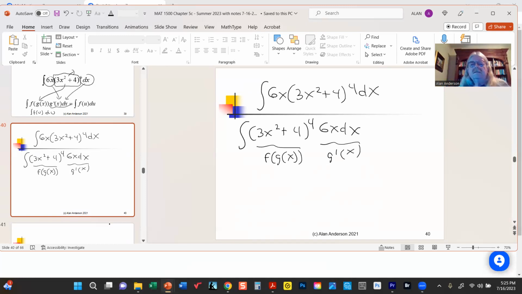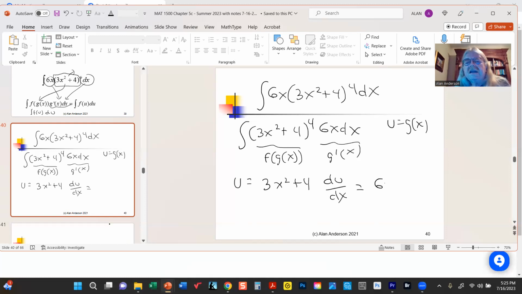So therefore, let's try u equals, remember u is a function of x, let u represent 3x squared plus 4. If that's the case, then du dx, based on the power rule for derivatives, would be 6x. And that means that du would be 6x dx.